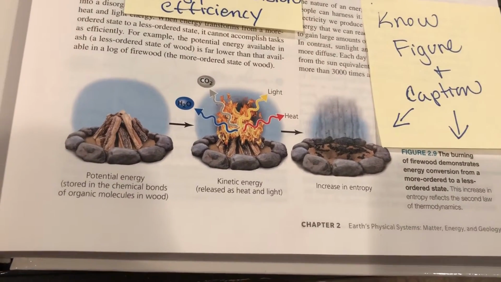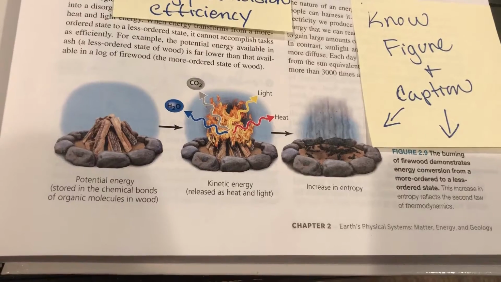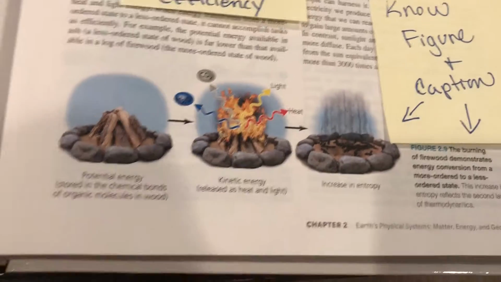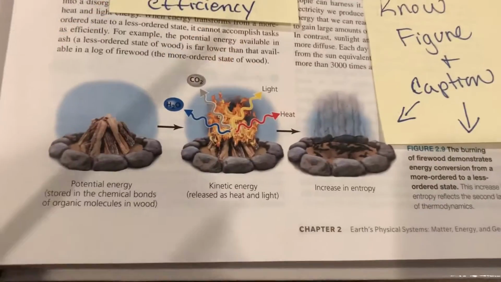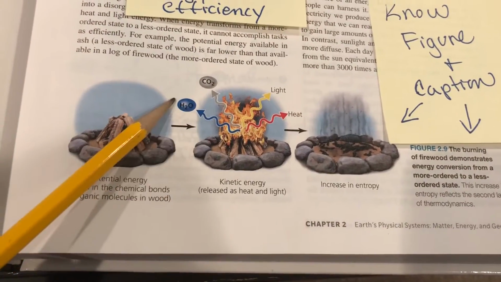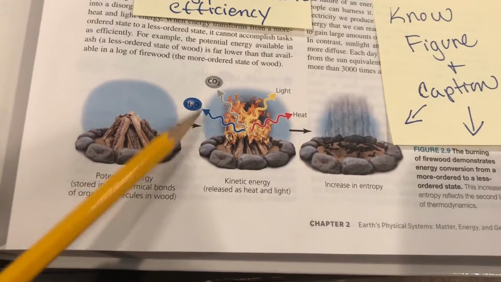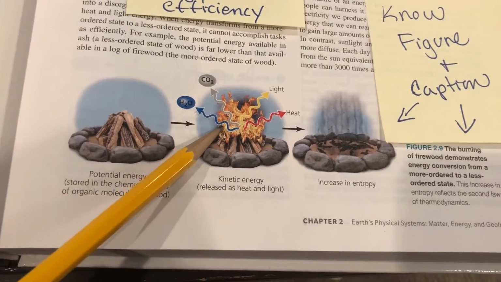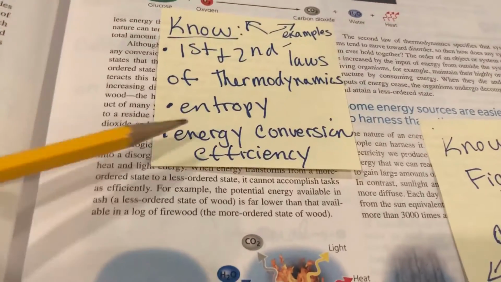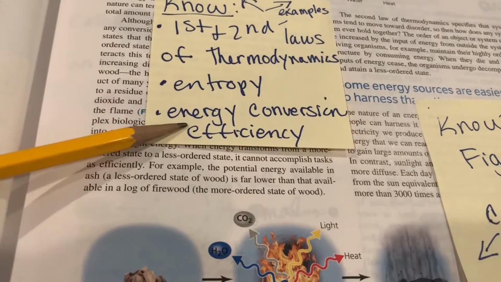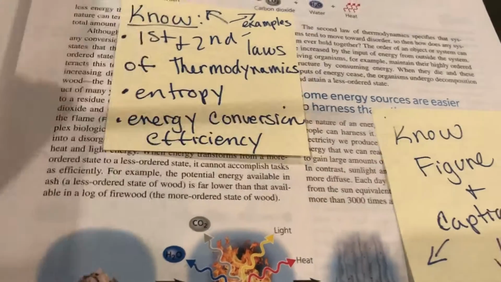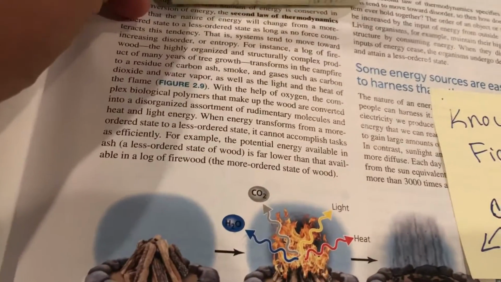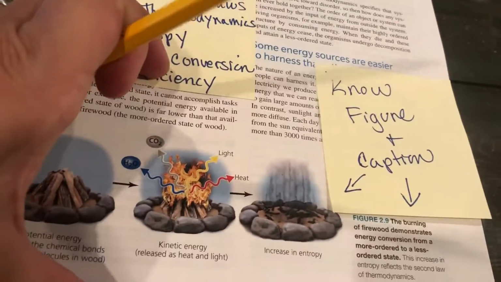So make sure you're able to explain it, and also what happens during kinetic energy. The big thing is, as you can see here, as it burns, both water and CO2 are released. So you should know that one. Other thing is entropy, and then energy conversion efficiency. So remember, you need to know all those.